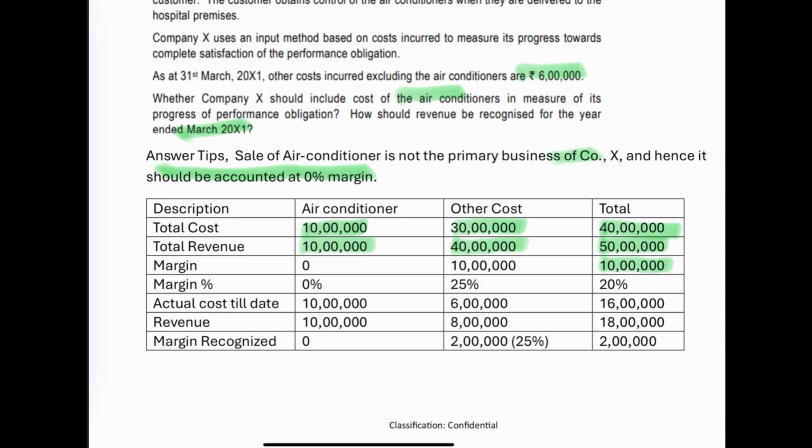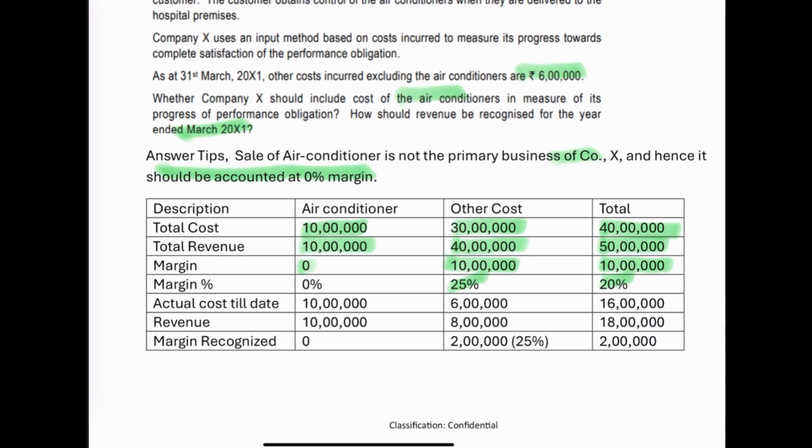So the total margin of 10 lakhs comes only from the other regular services and not from the air conditioner. In terms of margin, even though it is 20% overall, from the regular routine services it is 25% margin, that is 10 lakh on 40 lakh is 25%.